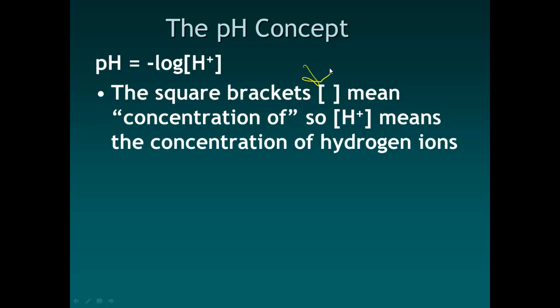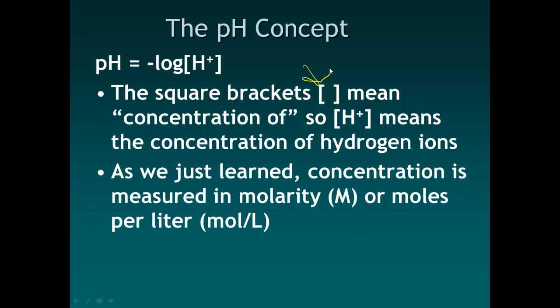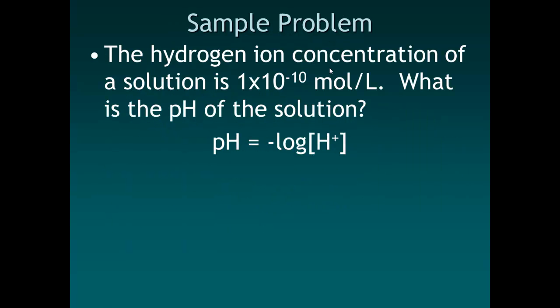They mean concentration of. So the square brackets mean concentration of hydrogen ions. As we just recently learned in our last unit, concentration is measured in molarity or in moles per liter. You're going to have to be able to do moles per liter calculations in order to do these pH calculations. The two concepts are related.